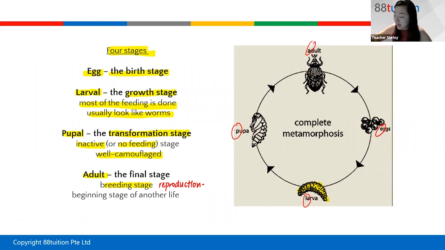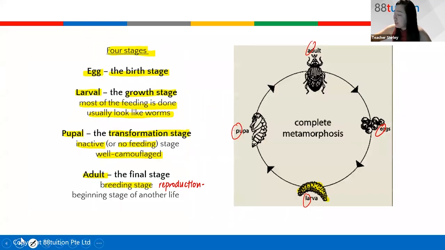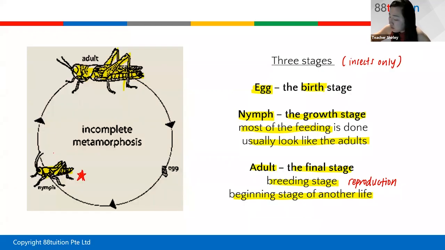Now, one thing to highlight is whether it's at its nymph stage or at its larva stage, both stages, the young will molt. Molt means it will remove its exoskeleton and change. It will change to a new one.